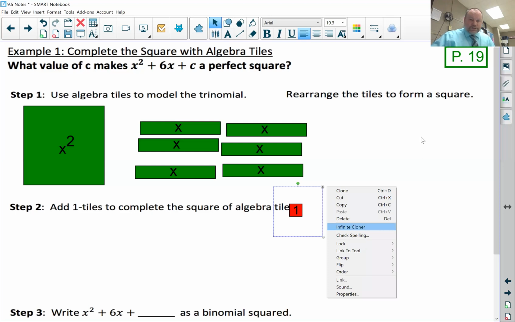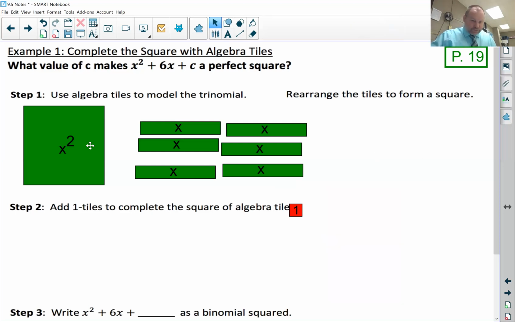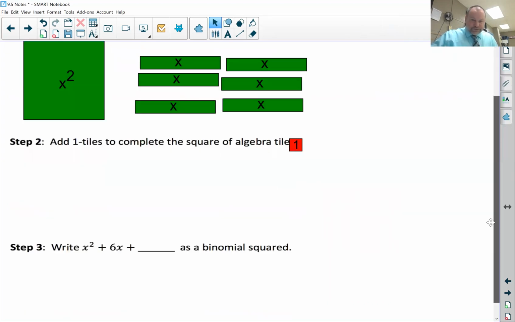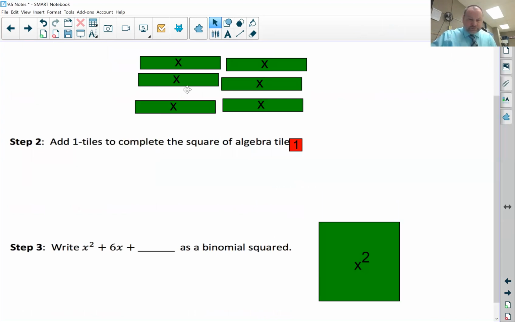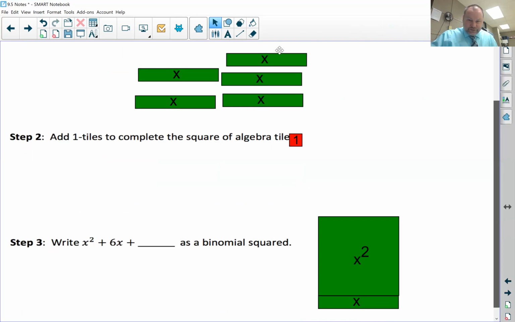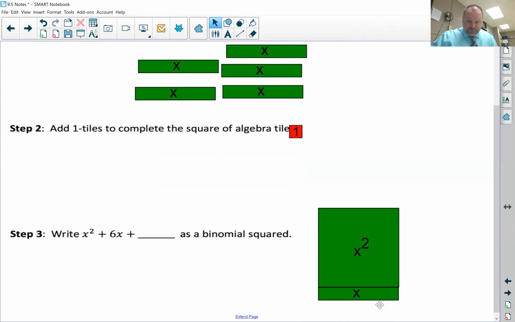So it says arrange the tiles to form a square. So I am going to do this down here. So this x squared square that we have is x units by x units.